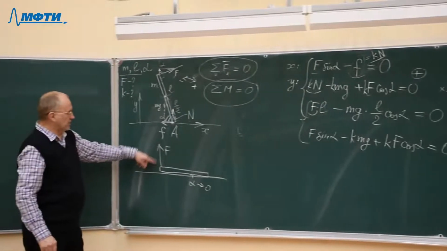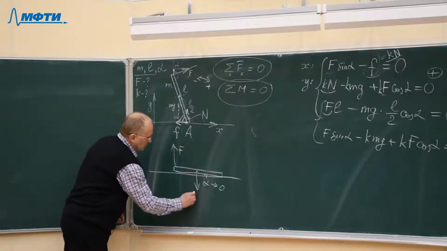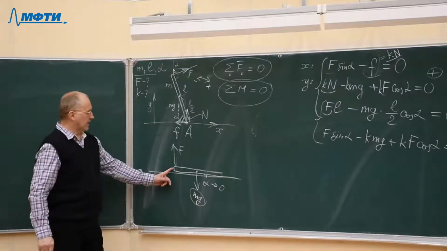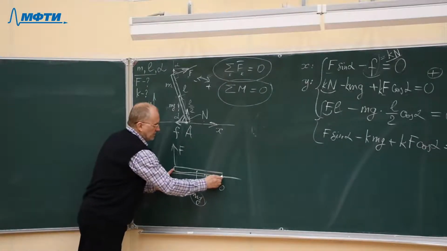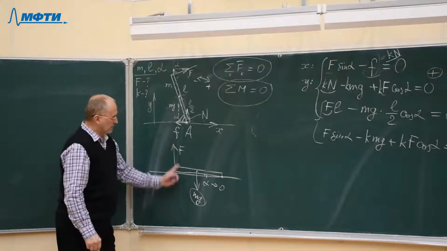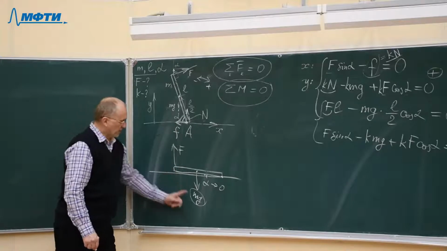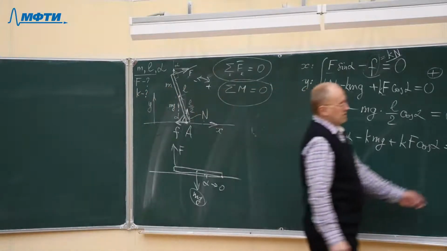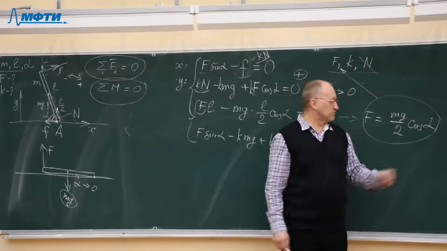What should be the force F equal to? It's obvious that it should equal mg over 2, half the weight of this rod, because another end of this rod is supported in this point, and we just pull by this end, and the weight is applied to the center. So F should be mg over 2, half the weight of this rod. So that's quite reasonable. We obtained mg over 2, which gives a reasonable result.